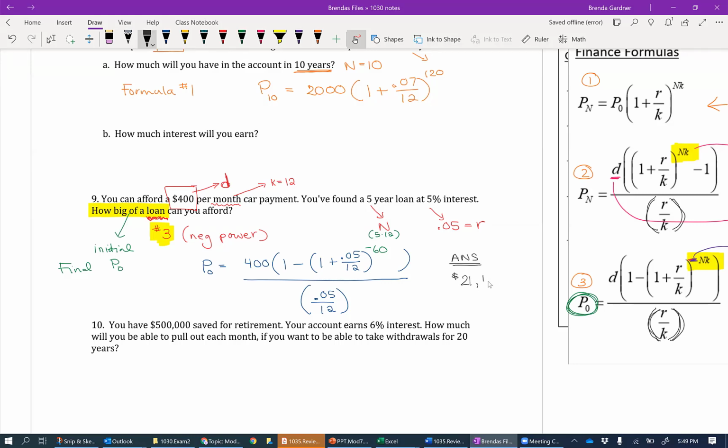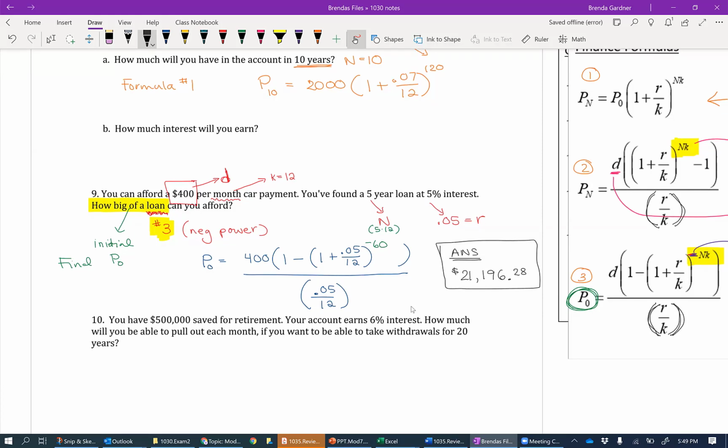I do. I'm scared it's wrong, but it's 21,196.28. You got it. Nice. Good. Okay. Yeah, so you could afford a $21,000 car, right? Okay. Yeah. That makes sense.